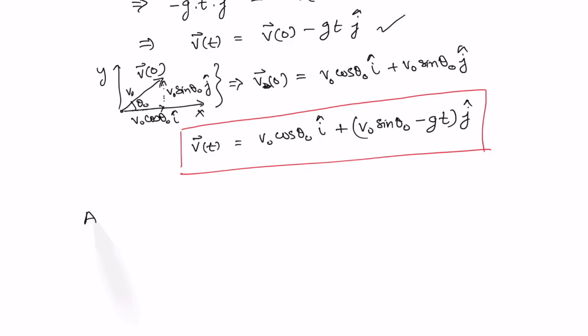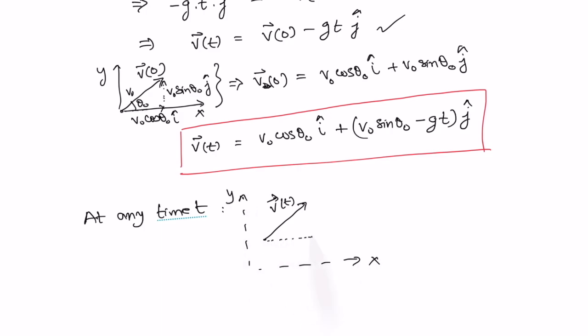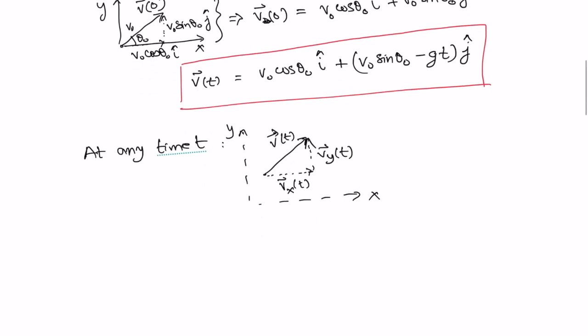At any time t, the velocity vector is composed of the component of velocity vector in the x direction summed with component of velocity vector in the y direction. So what this essentially is saying is that v t equals v x t plus v y t, vector addition.